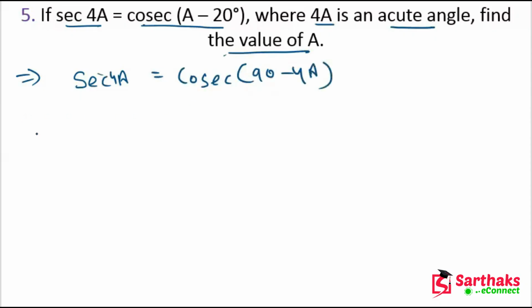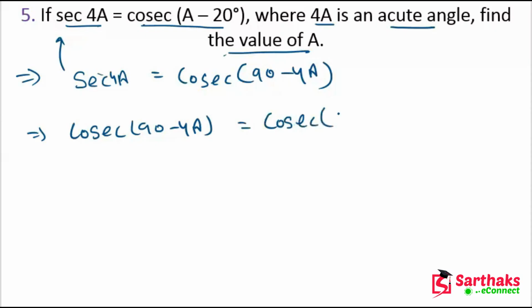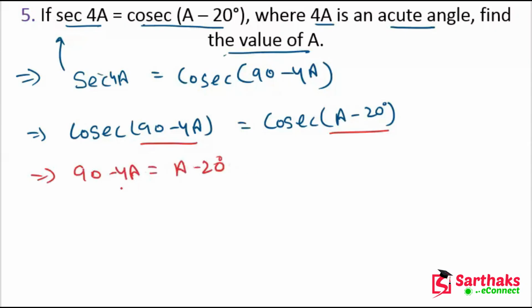Putting this value in the equation, we get cosec (90 minus 4a) is equal to cosec (a minus 20 degrees). Now comparing, we have 90 minus 4a is equal to a minus 20 degrees.